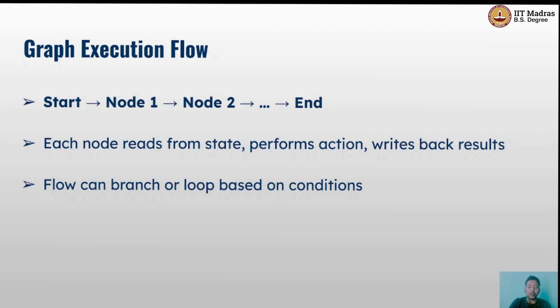But in each step, you cannot move backward. Suppose while drawing the poster, student C finds some error, he cannot send it back to student A. That is one of the drawbacks of LangChain.